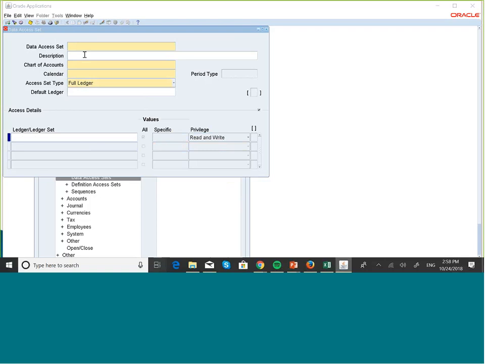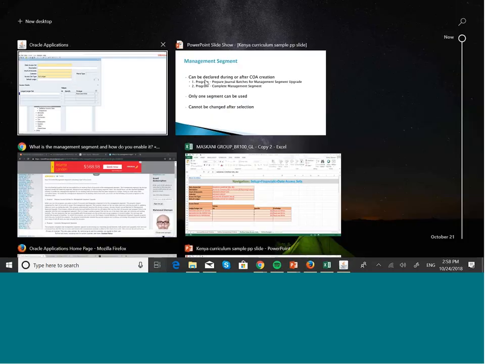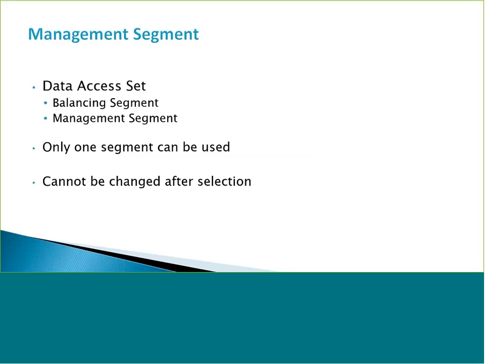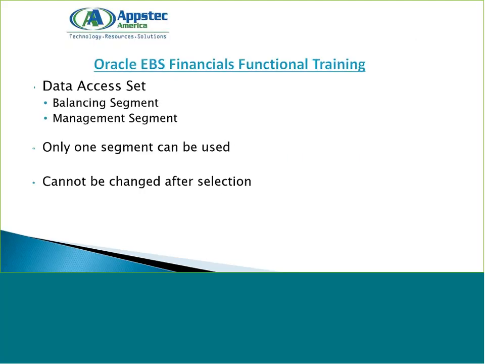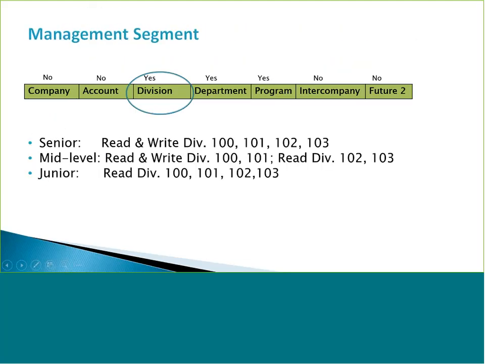So the second one, we are creating this using the management segment. So we want read and write access to division 100 and 101, and then read only to 102 and 103.